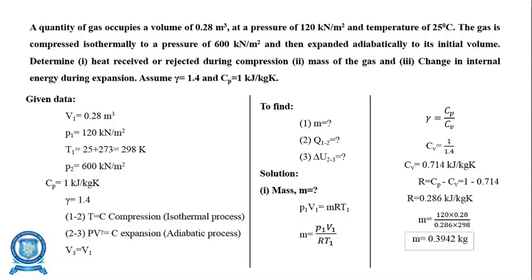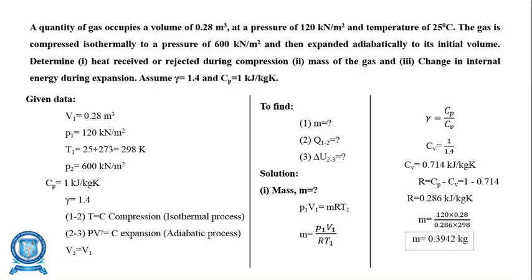And the initial temperature T1 is equal to 25 degrees, which we have to convert into Kelvin, so 298 Kelvin. The gas is compressed isothermally to a pressure of 600 kilonewton per meter square. So the process is compression here.